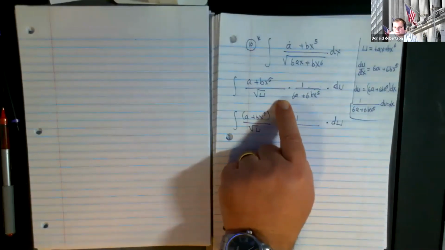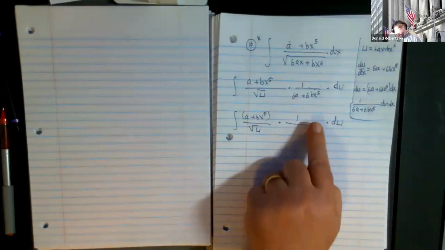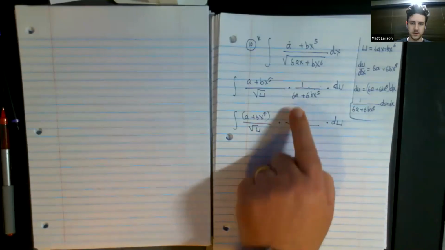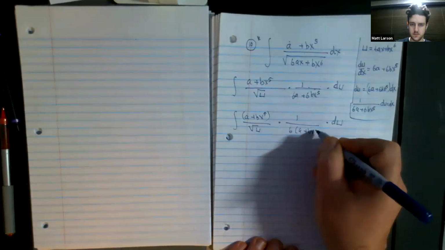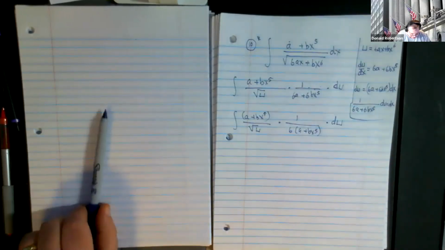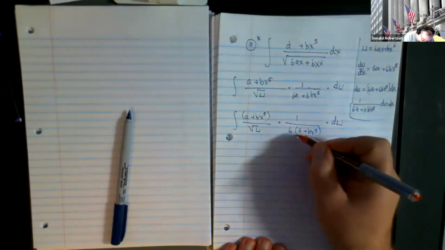Can you see anything that I might do with this that may help us? Factor out the 6. Ah, it helped us a lot, didn't it? Because now they're gone.